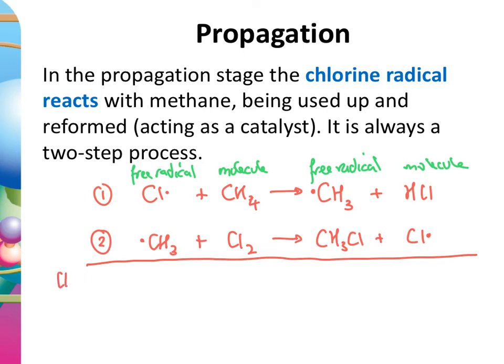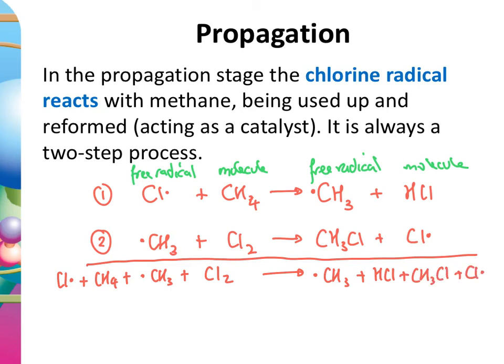We've got Cl• plus CH4 plus the methyl free radical plus Cl2. So that's all of the species on the left-hand side of the reaction arrows. And then on the right-hand side, you've got the methyl free radical plus HCl plus CH3Cl plus chlorine free radical.